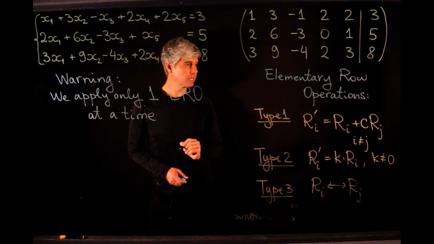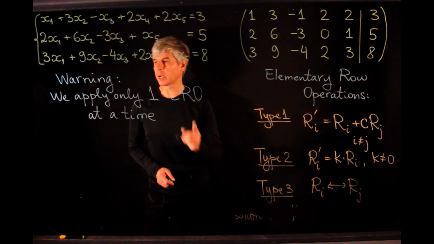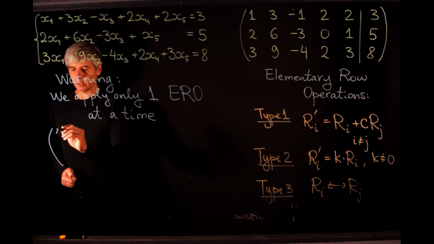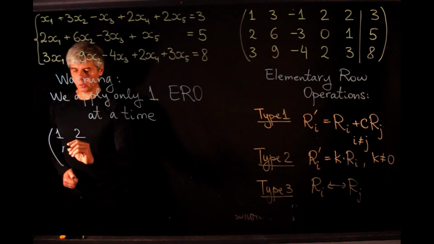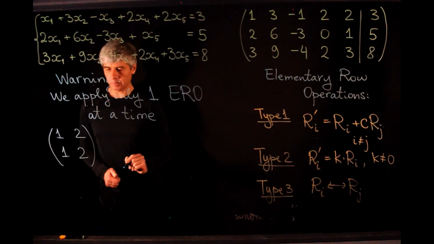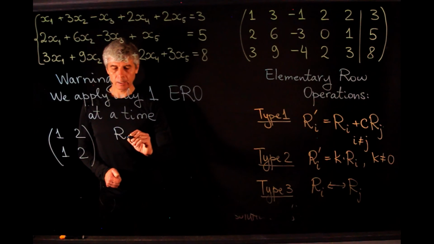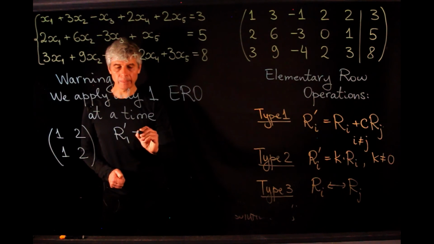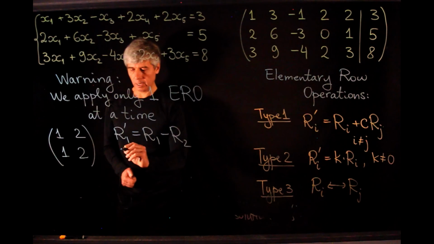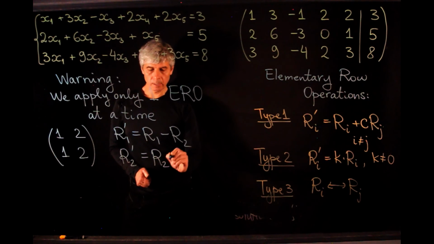Let's give an example showing how things can go wrong if we ignore this warning. So imagine the following matrix. So 1, 2, 1, 2. And suppose we try to simultaneously do the following two operations. We say row 1 new is row 1 minus row 2, and row 2 new is row 2 minus row 1.